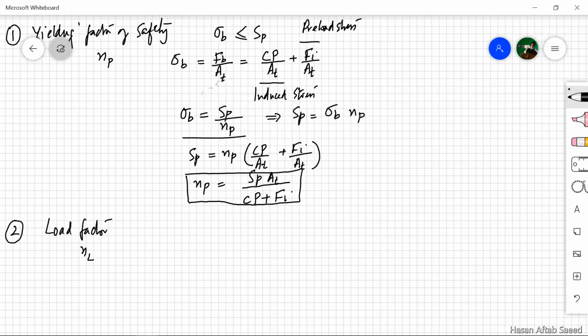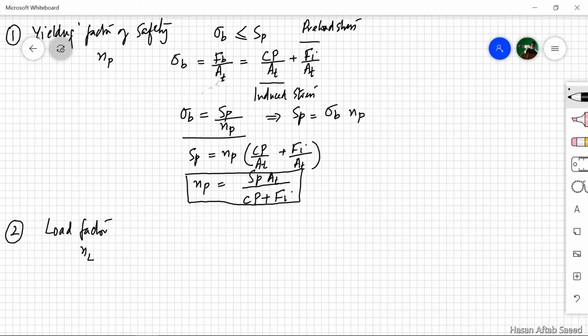Here we only talk about by what factor we can enhance the applied load P. So this kind of factor does not take into consideration the preload Fi.